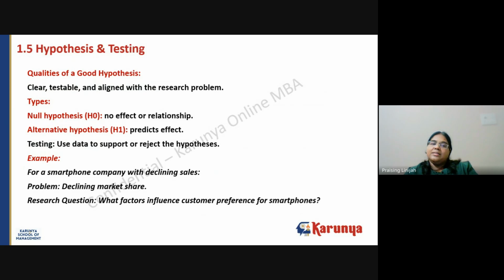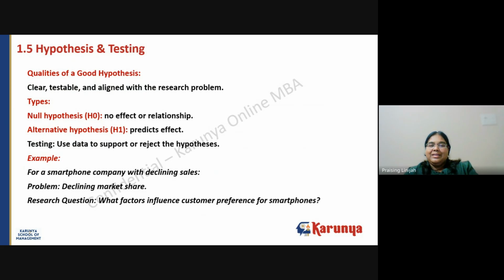It can be a null hypothesis or an alternate hypothesis. A null hypothesis says there is no effect, like discount doesn't affect sales; it is a stay-as-is assumption statement. Whereas an alternative hypothetical statement, say H1, predicts an effect. We say that it increases sales.